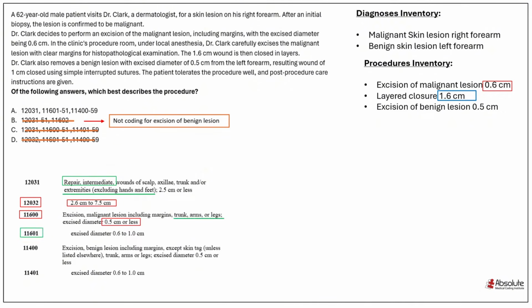And finally 11400, which is for excision of benign lesion of trunk, arms or legs, and excised diameter of 0.5 centimeter or less. Yes, so option A is the correct answer.